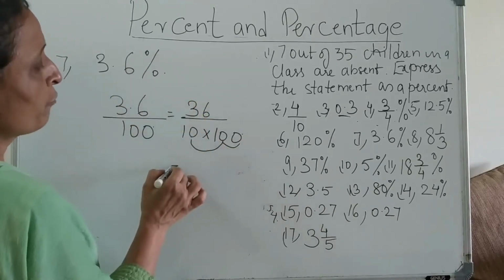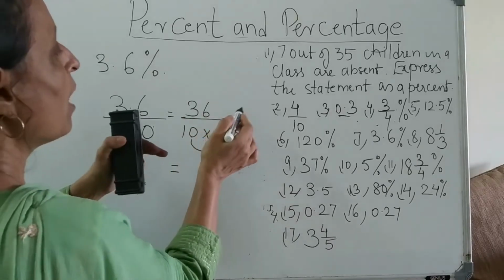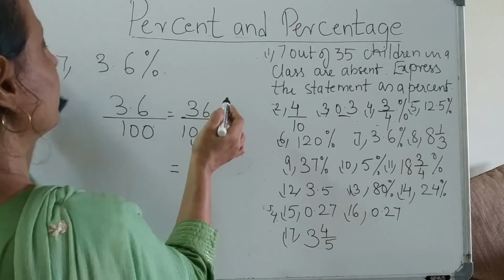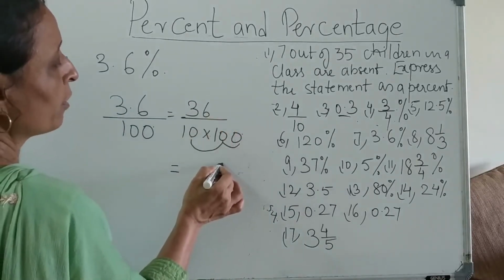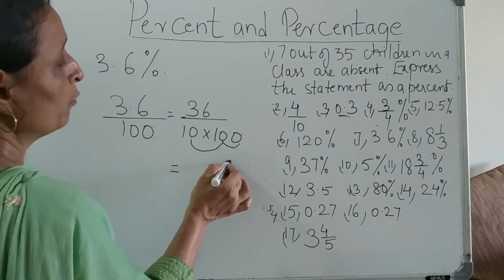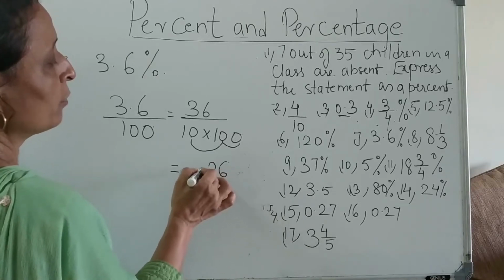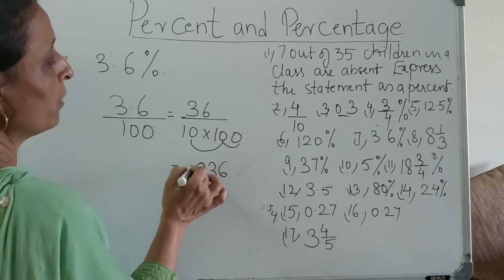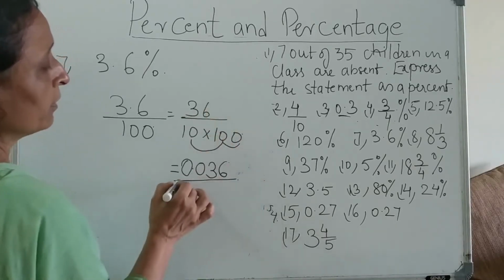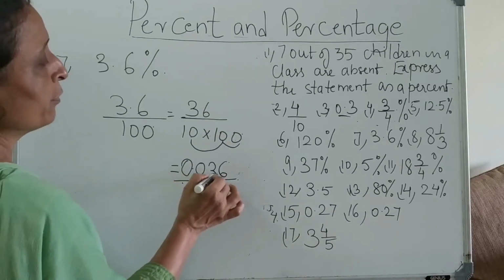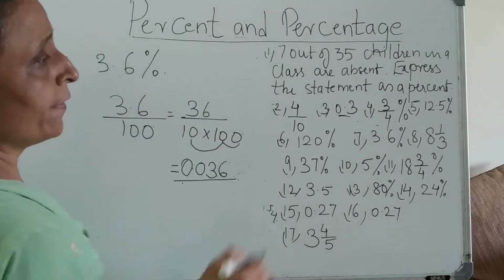Now when I have to move the point, I have to see, now it is division. So I have to move the point on the left hand side. I have to count the zeros, then I have to count how many places I have to move. 3 places I have to move, 36 I have written. Here are only 2 places, so one more zero I write and write the point. So this many places I have moved. This is in decimal, 0.036. This percentage is converted into decimal.